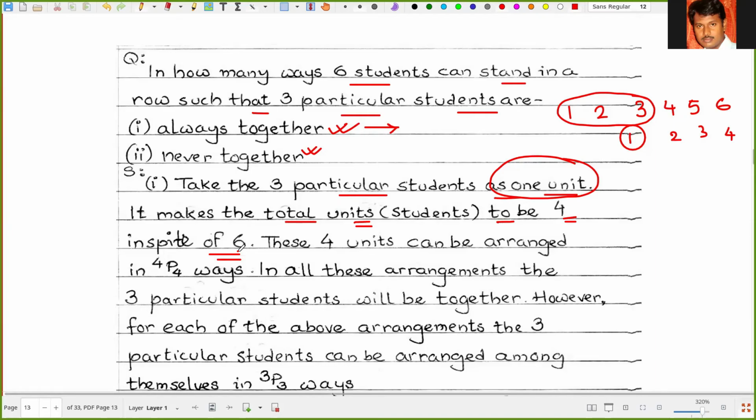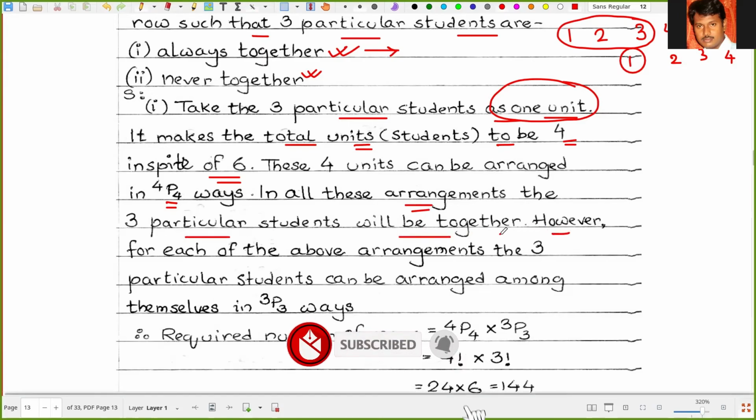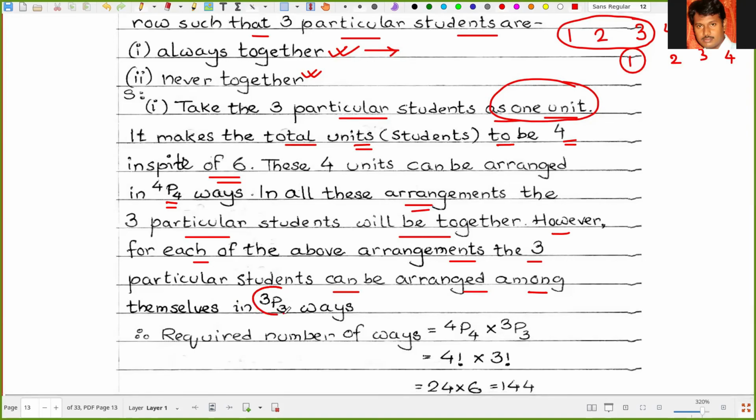So these 4 units can be arranged in 4P4 ways. So in all these arrangements, the 3 particular students will be together. However, for each of the above arrangements, the 3 particular students can be arranged among themselves in 3P3 ways.